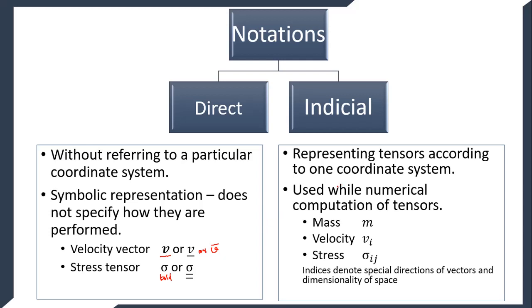Another type of notation we use is the indicial notation. In this indicial notation, we use it when we are talking about a vector in one particular coordinate system. For example, if we are talking in the XYZ coordinate system, we can use indices, that is indexes, which come as a subscript or as a superscript.